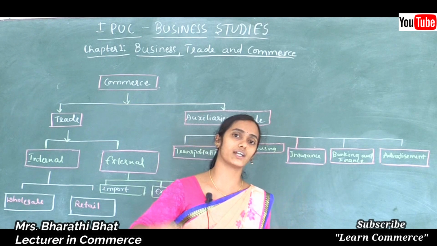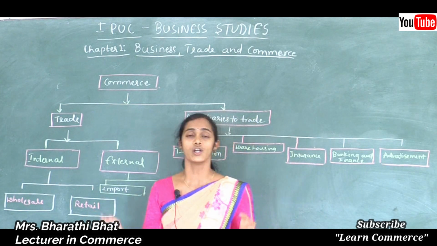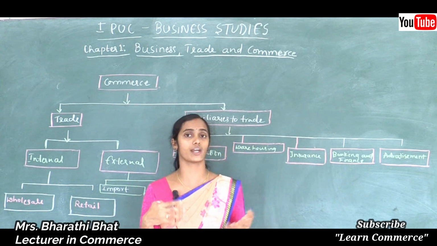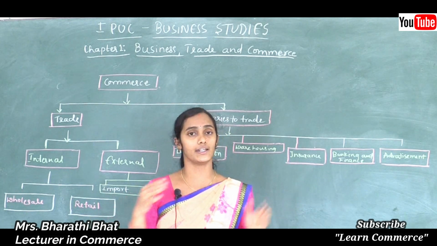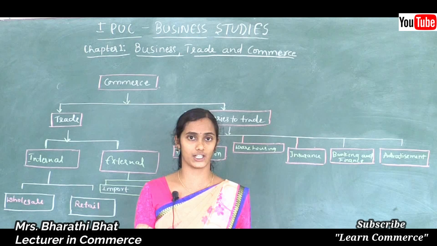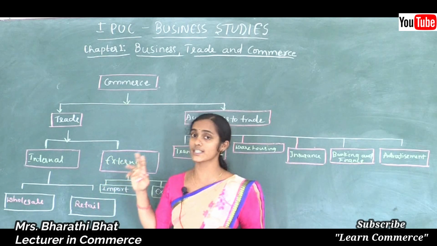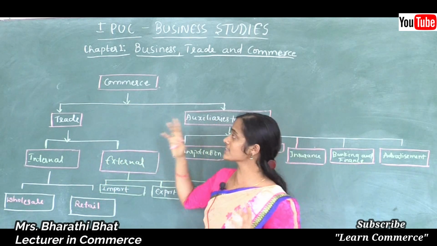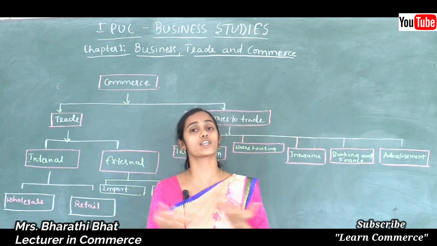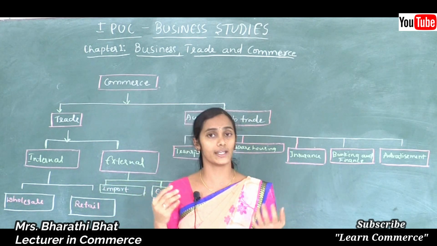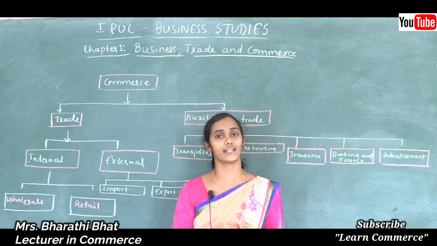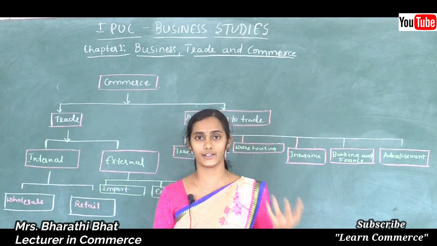Producers need to communicate with a number of interested users. So these auxiliaries to trade facilitate such activities. Commerce brings together all the activities which are very important in removing the hindrances of different factors.